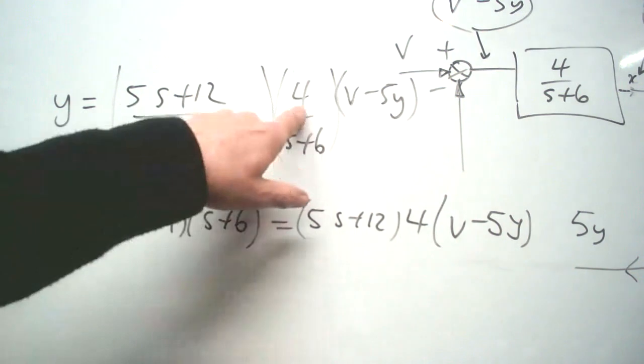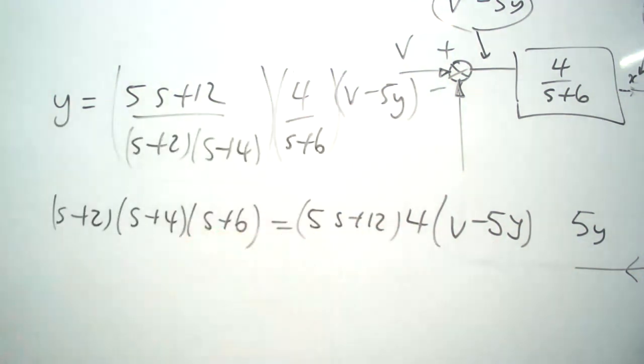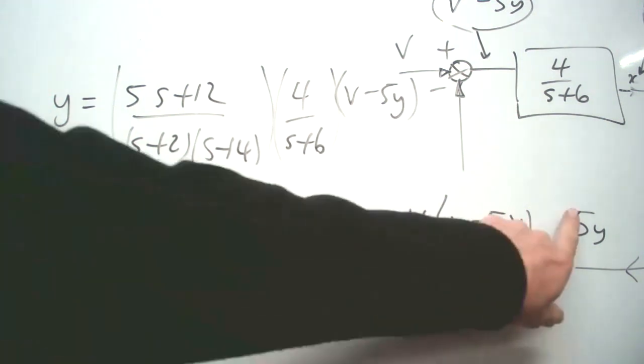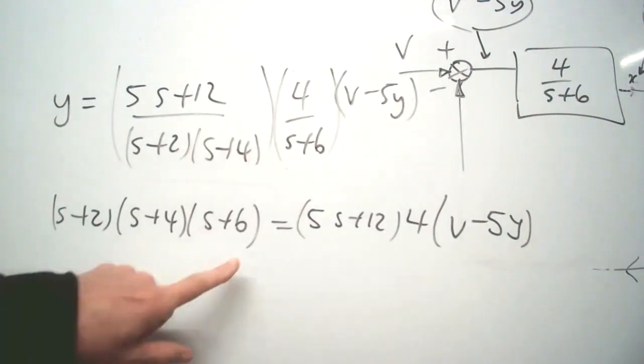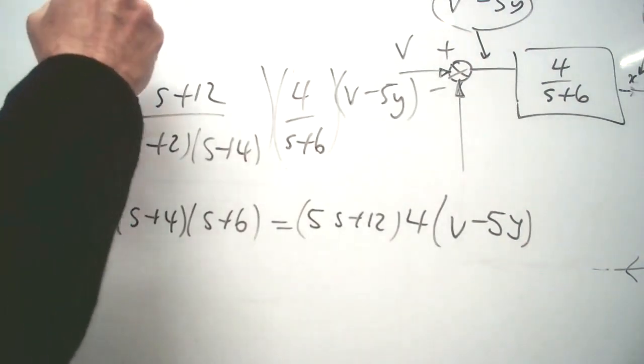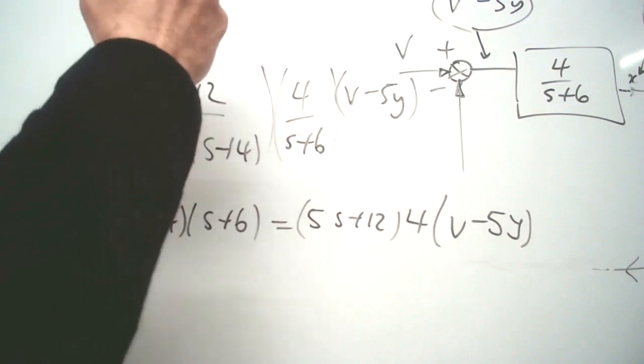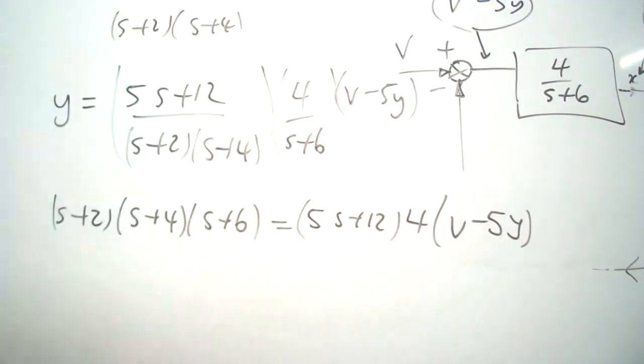So I've got the 5s plus 12, the 4, and then the v minus 5y there. Next thing is to multiply this bit out. So I'm going to do s plus 2 times s plus 4 first.